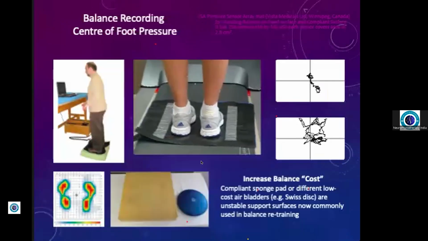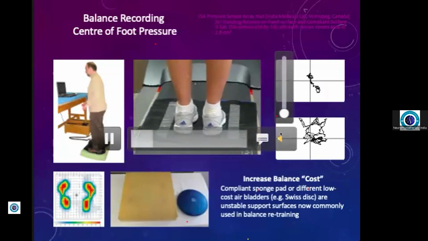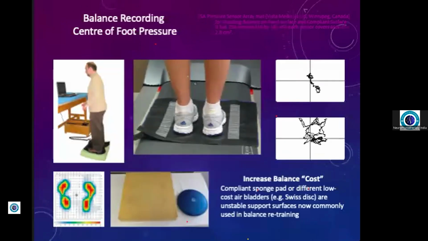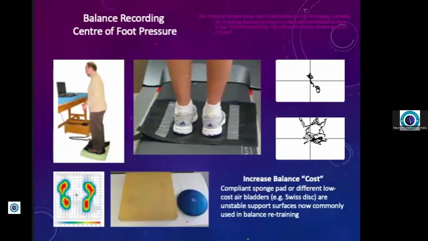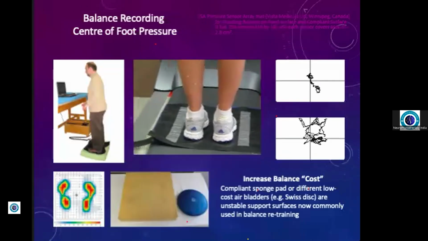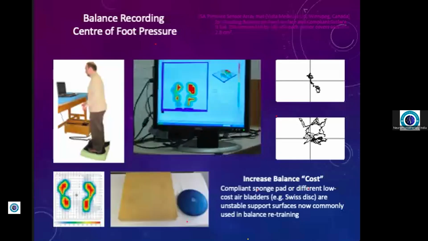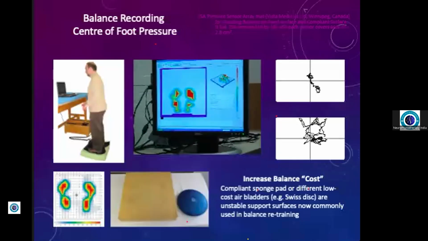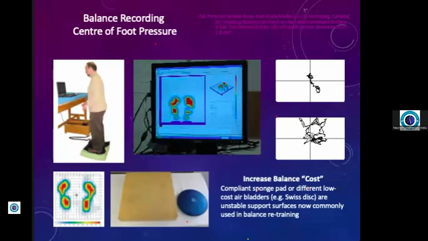So coming to assessments of balance, right? What you're seeing right now in the video is me playing that exact assessment game we just discussed, standing on a pressure sensor mat array. And as you can see on the screen, my feet moving my center of foot pressure.